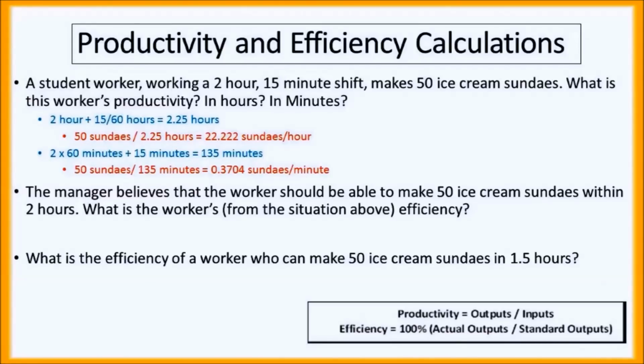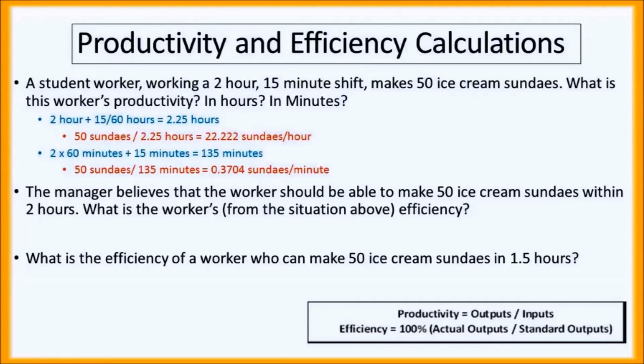Now, the current worker works a 2 hour and 15-minute shift and makes 50 ice cream sundaes. So they make 50 ice cream sundaes in over 2 hours, in 2 hours 15 minutes. The manager believes that the worker should be able to make 50 ice cream sundaes within 2 hours, so a shorter amount of time. So because of that, the worker is less efficient than the manager believes that they should be.